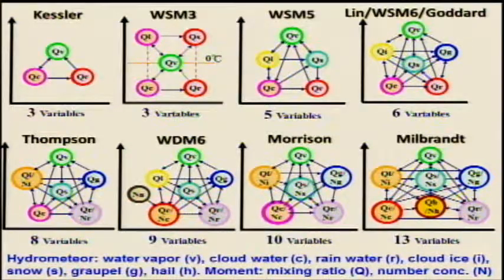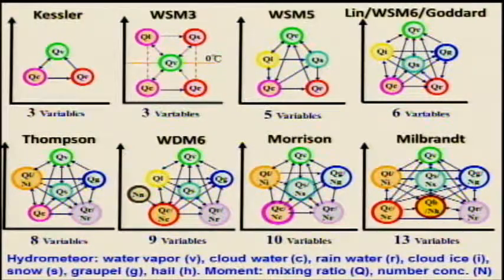But later, it improved so that liquid water can exist above the 0 degrees C height. And I think one of the most popularly used is the WSM6 scheme. It also includes graupel, extra hydrometeors. But all of them are one-moment, considering only the mass of the particles.